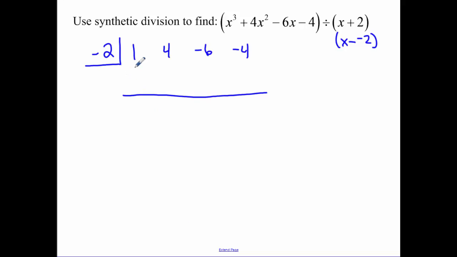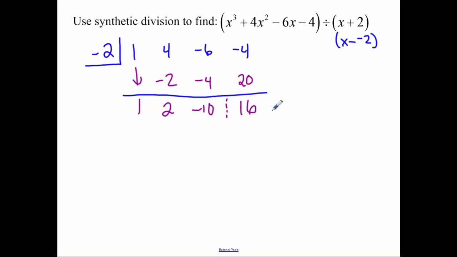Okay, now bring down the first one. 1. 1 times negative 2, negative 2. You add these two numbers. 2 times my negative 2 is a negative 4. You add those numbers. Negative 10 times by negative 2 is a positive 20. You add those numbers to get 16.